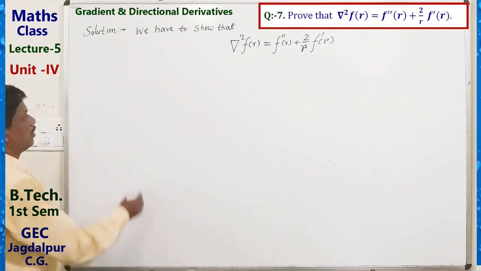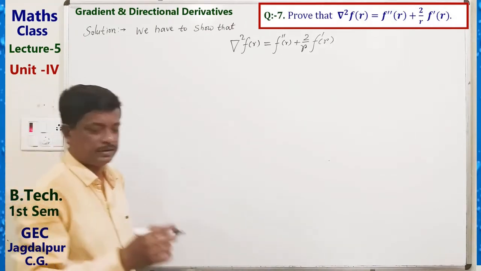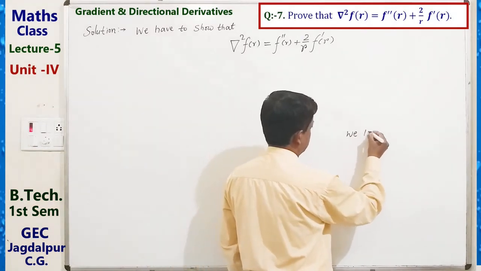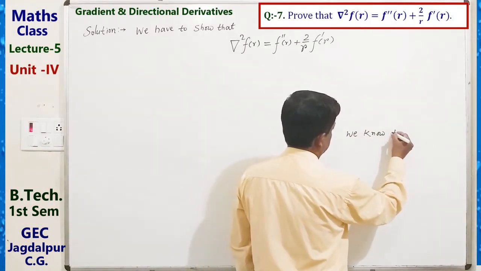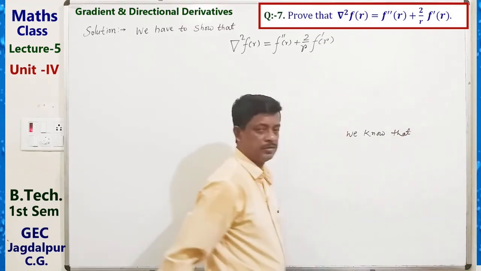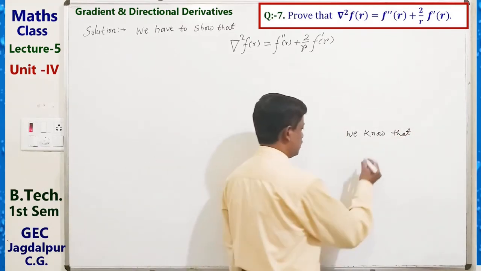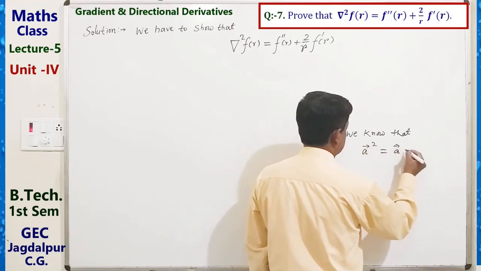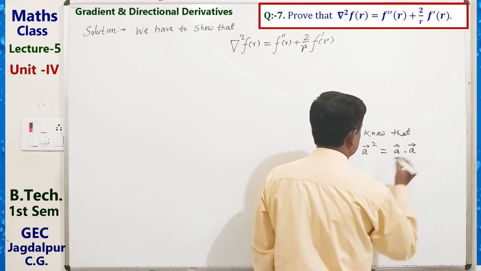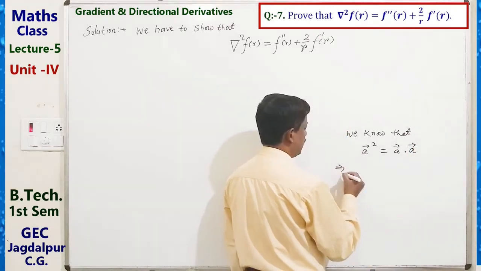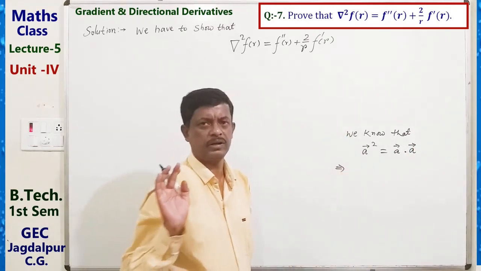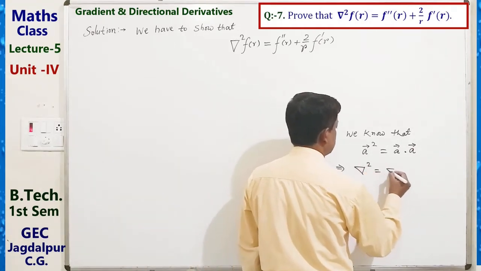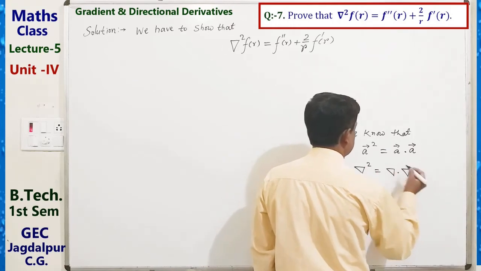Clear? So for that, see here, we know that the square of a vector, that is a square, equals a dot a. This implies our vector del operator squared equals del dot del.